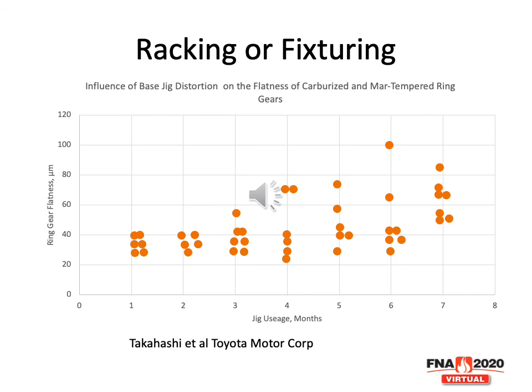There is a certain life that I see before my distortion starts increasing, and so this tells me how often I have to change out my grids before I start seeing excessive distortion. Again, the racking and fixturing plays an important part in how the part is quenched and the resultant residual stresses.